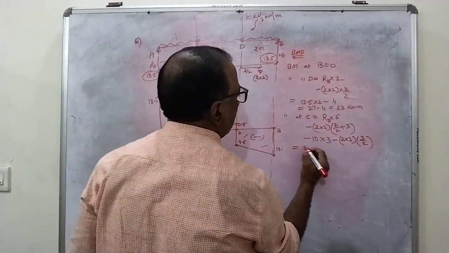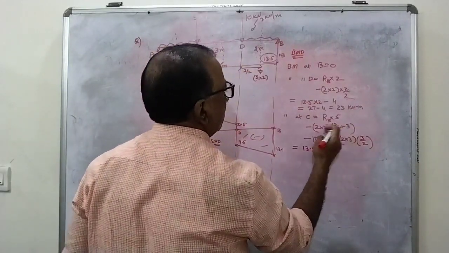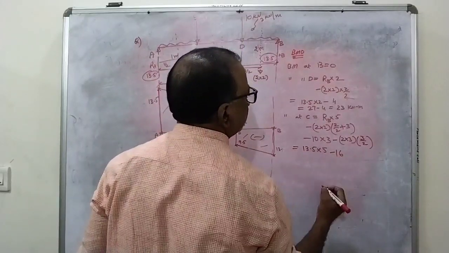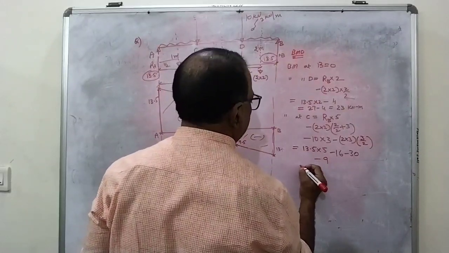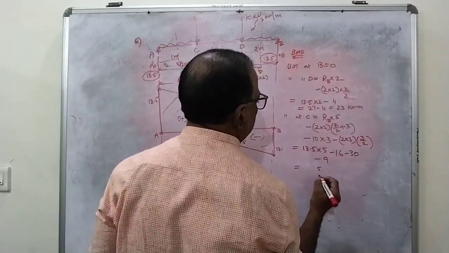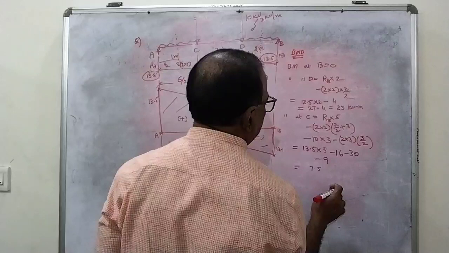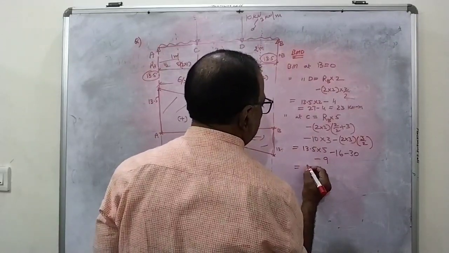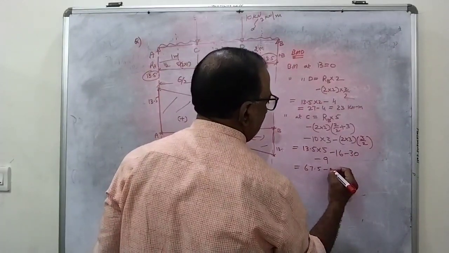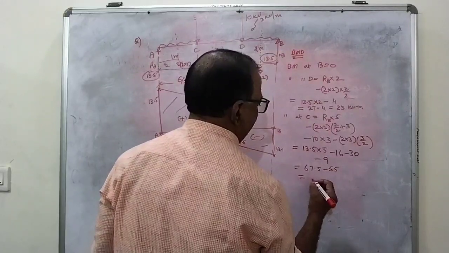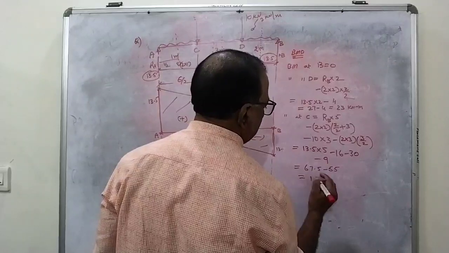So this is equal to, what is RB? 13.5 into 5 minus 4 fours are 16 minus 30 minus 9. So this is equal to 5 fours are 25, 67.5 minus 46, 55. This is coming to 12.5.